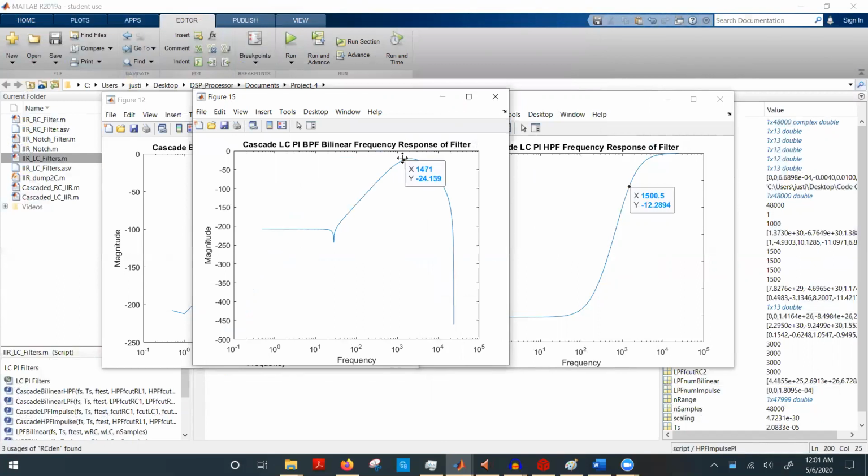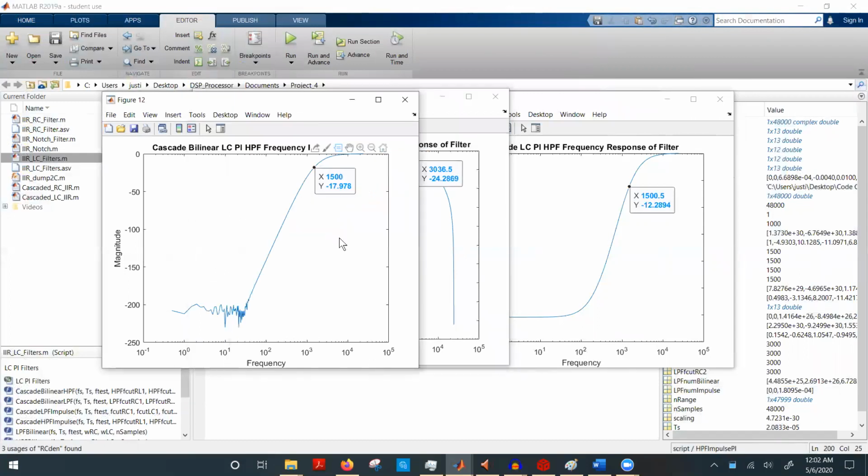So this is supposed to be 1500, and it is supposed to be -18, but notice how it's -23. This is approximately 3000. I don't want to spend too much time here, but it's also approximately -23, when they should both be about -18, as we'd observed earlier in the separate filters.